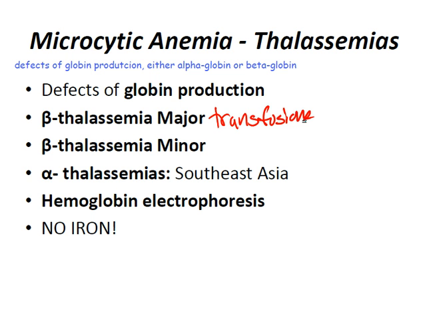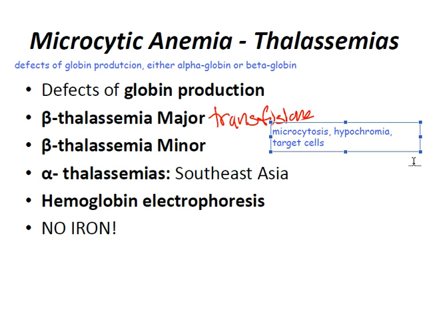On the smear with beta thalassemia major, you will see microcytosis, hypochromasia, target cells, and poikilocytosis. That is the smear you will see.